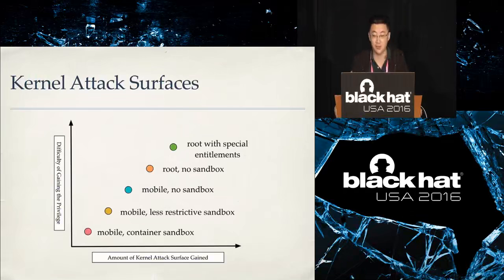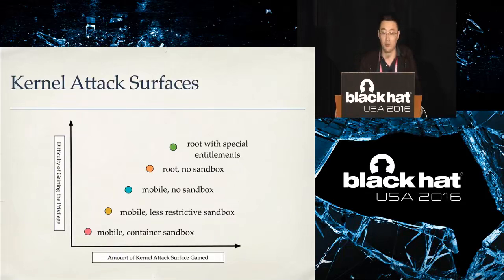So with this goal in mind, we use this figure to demonstrate the trade-off between the difficulty of gaining code execution privilege versus the amount of kernel attack surface you gain. Let me explain the figure a little bit more. So let's say you are a developer. You create your own app. You run it on the iOS device.